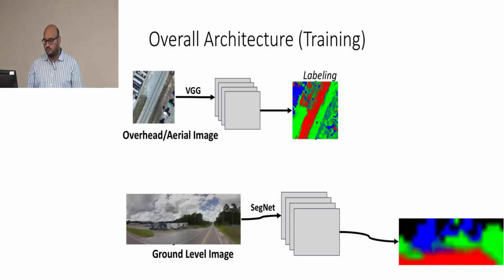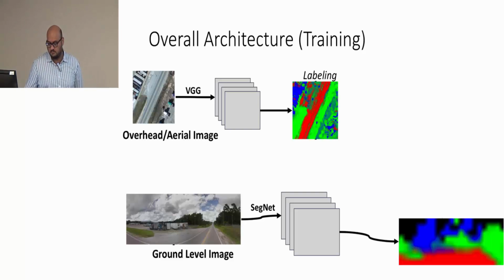Now we want to compare that aerial layout with this layout, and we cannot do that without a change of perspective. We need to change the perspective of this aerial segmentation so that we can compare and compute the loss. For that matter, these are the pair. One image is the overhead image, taken at exactly the same location, but from the air.